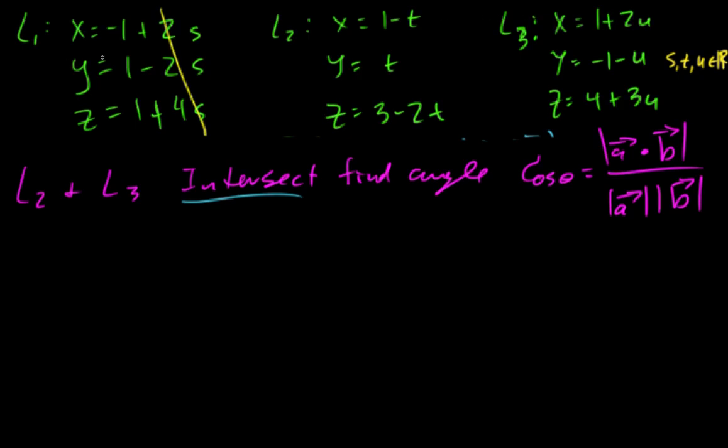So what I'm going to do is set these equal to each other. So 1 minus t equals 1 plus 2u. t equals negative 1 minus u. And then 3 minus 2t equals 4 plus 3u. Okay, solve for t over here.